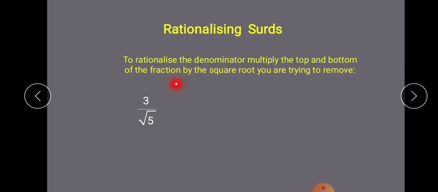Let us see one problem. Suppose the question is: rationalize 3 by root 5. That means we have to convert this 3 by root 5 to a rational number. This is an irrational number as root 5 is irrational. So what will we do? We have to multiply the same root 5 both in the numerator as well as in the denominator.